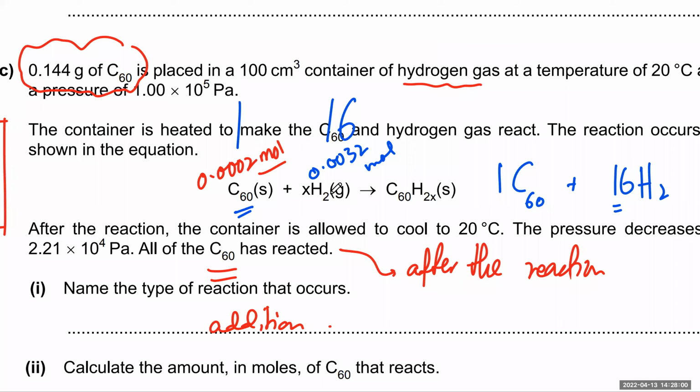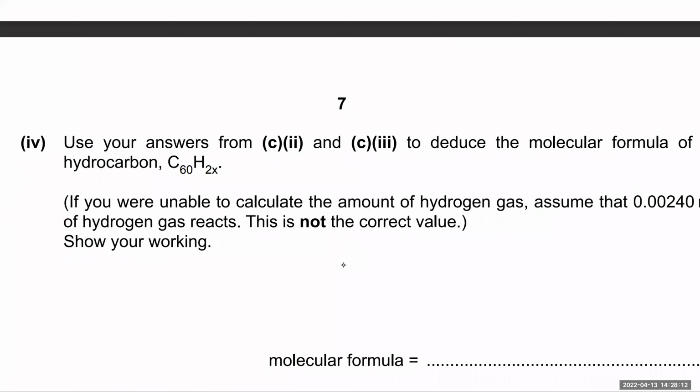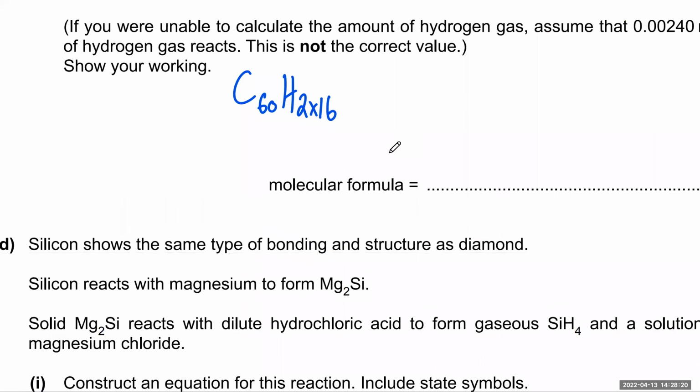The value of X is 16. From there I'll figure out the formula, which would be 32 over here. So 1:16 is coming, so X stands for 16. So the formula would be C60 and H would be 2 into 16. And so we did figure out the molecular formula, so we're done with that.